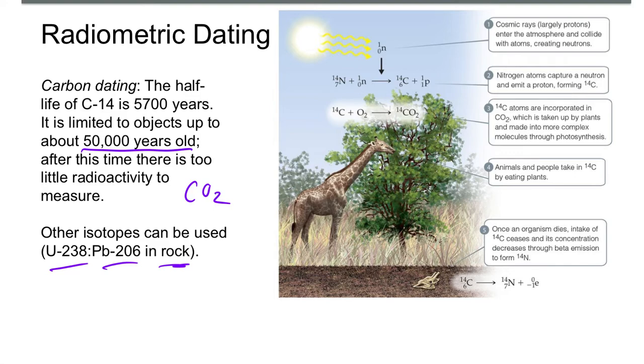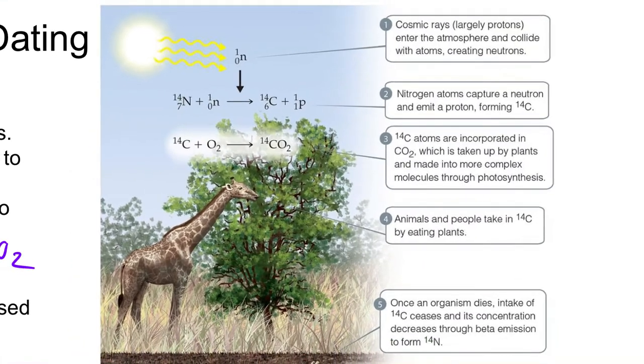Let's think about the process here. We'll look at our figure, this adorable giraffe. We have cosmic rays that enter the atmosphere. They collide with atoms and create neutrons. Those neutrons interact with nitrogen.